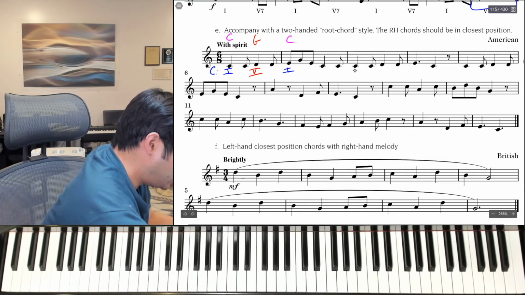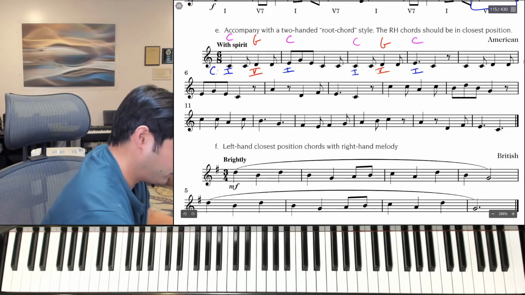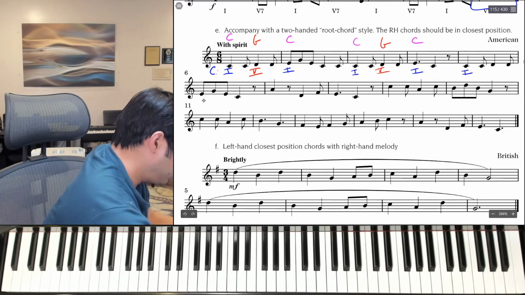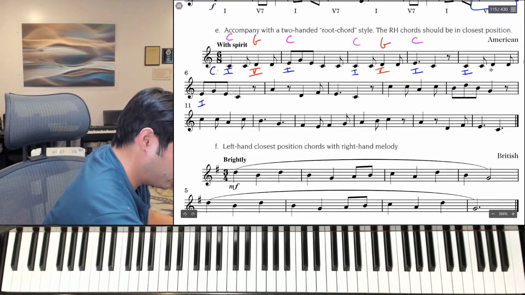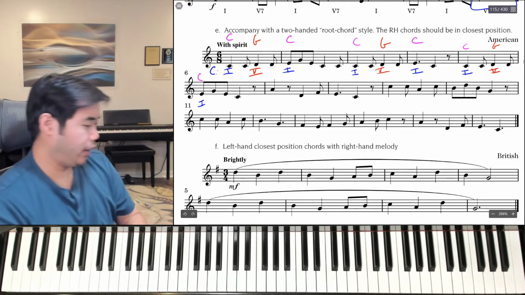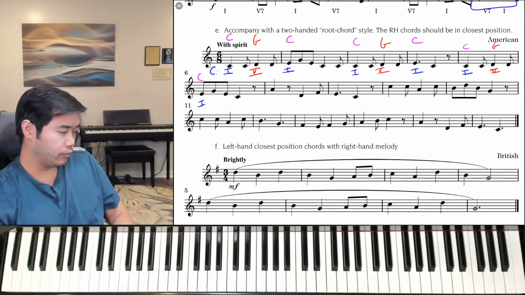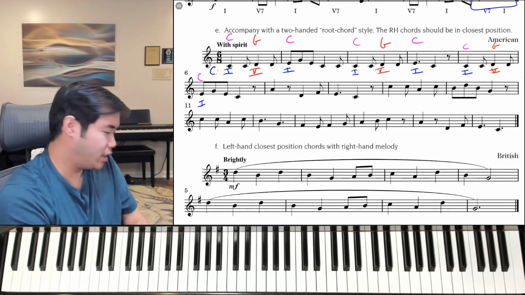Then the idea repeats again. 1 chord here, and we do the same thing again. 1, 1, 5. So notice it's the same idea 3 times: C, G, C, C, G, C, C, G, C.